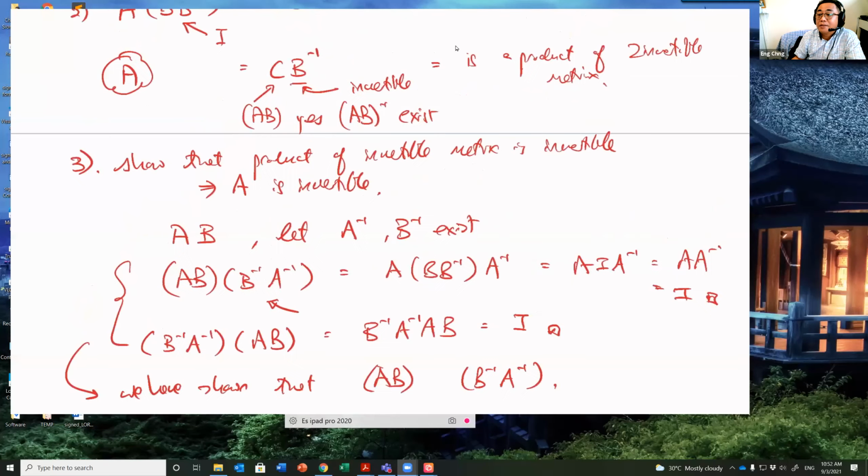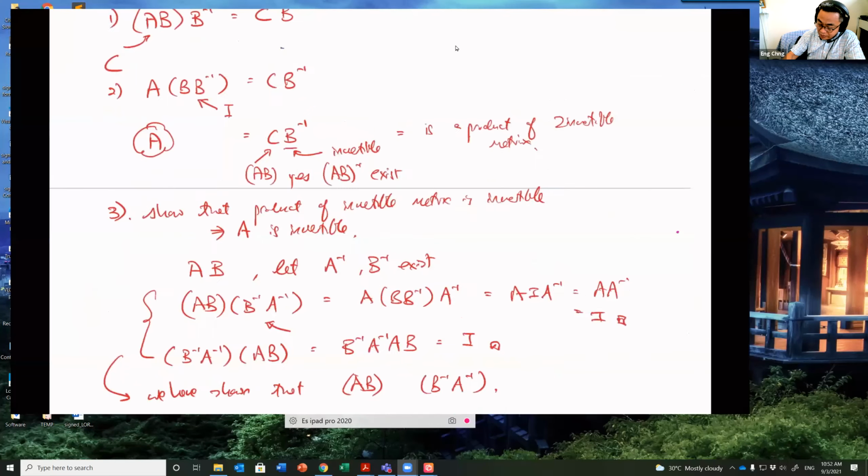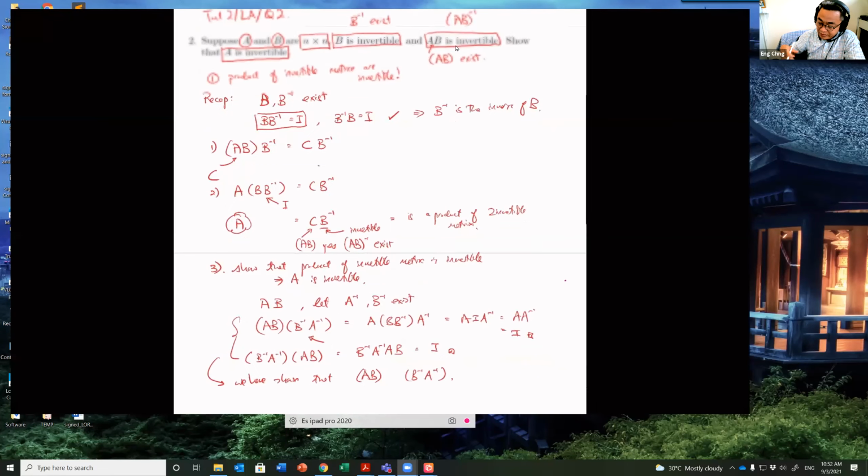And then we are done. Okay, so this is a very interesting and important problem to solve. We always use this fact and solve a lot of problems.